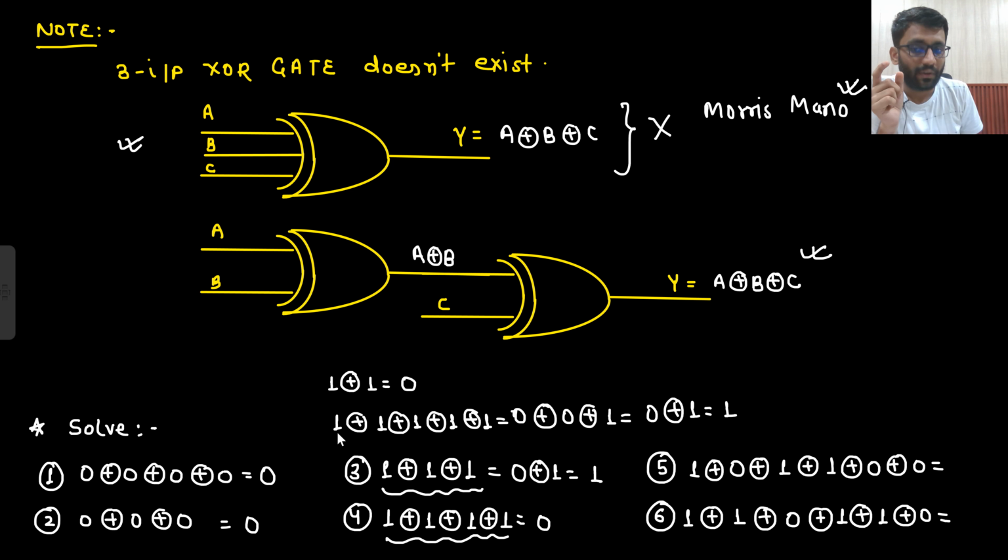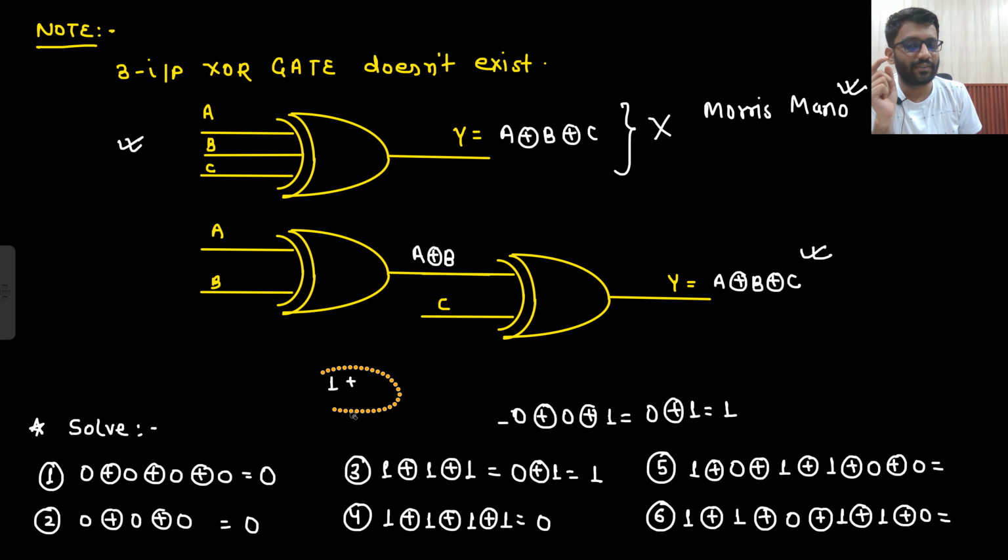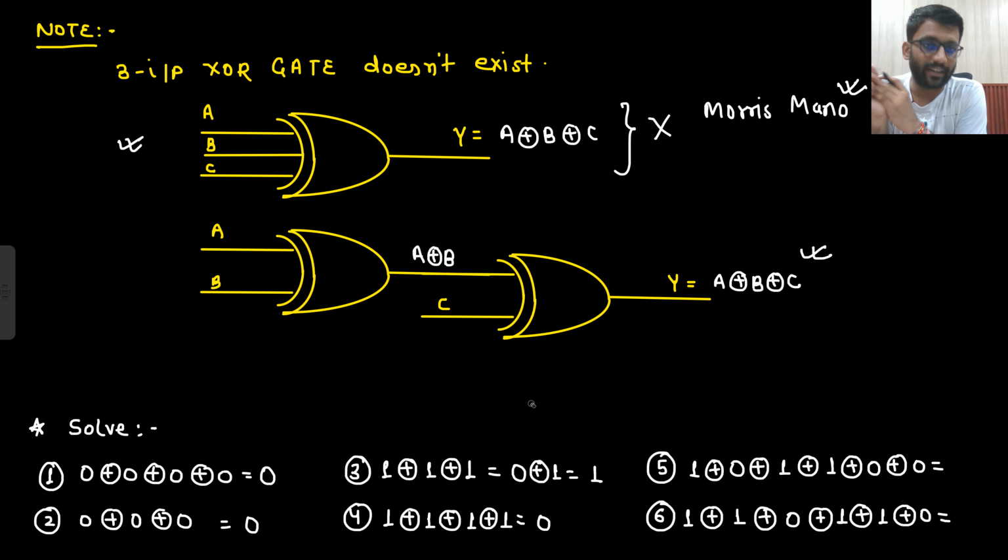So if there are an odd number of ones, then the answer will be 1. But if there are an even number of ones, the answer will be 0. That's why your XOR gate is known as an odd number of ones detector. So in the examination or interview, if they ask you the meaning of XOR gate, you will tell them that it is an odd number of ones detector.